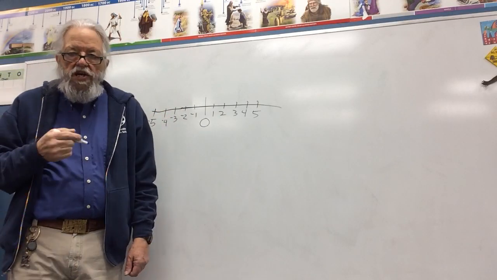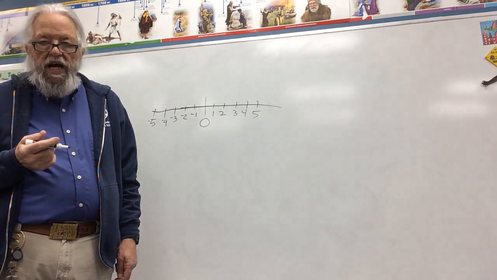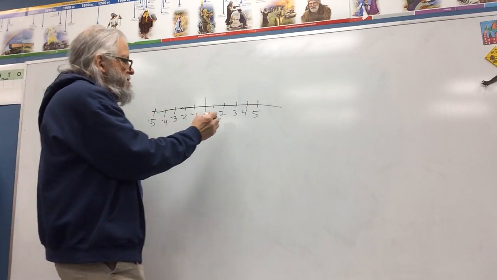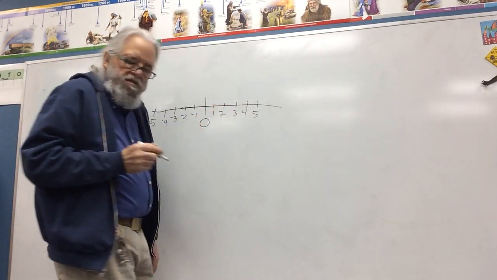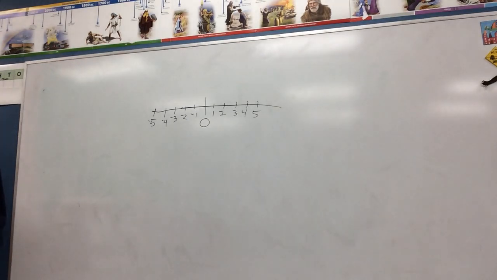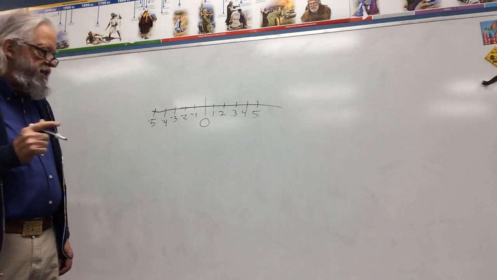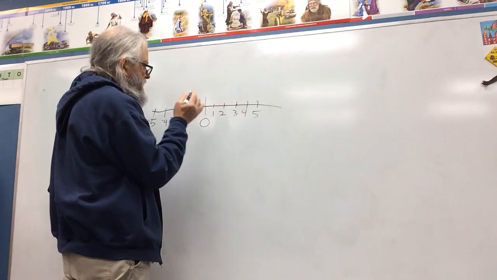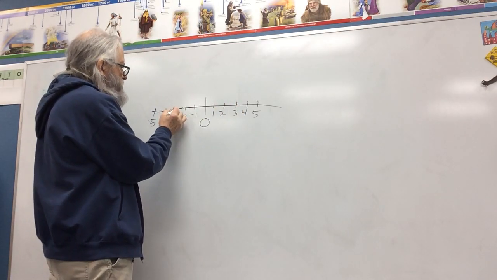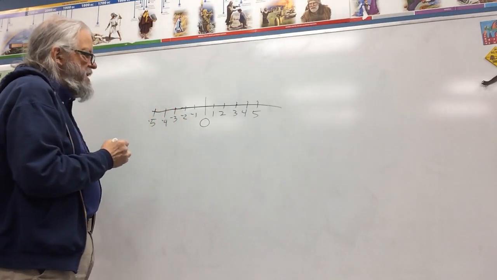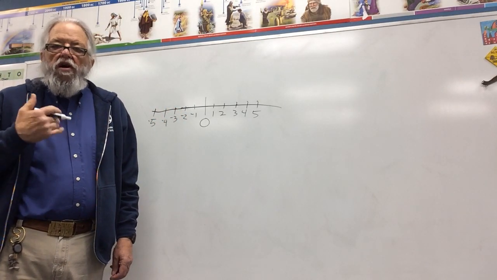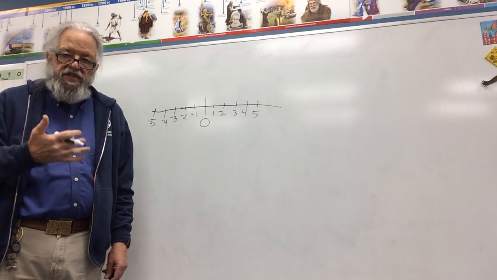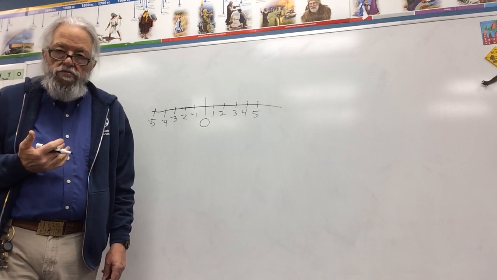Now, if we are looking at this number line, and let me see what one of their examples was. Well, they were talking about 3 and -3. So if I put a dot right here, and you don't have to put a dot, but put a dot at 3 and -3. Now, all we want to do is measure the distance from 0.